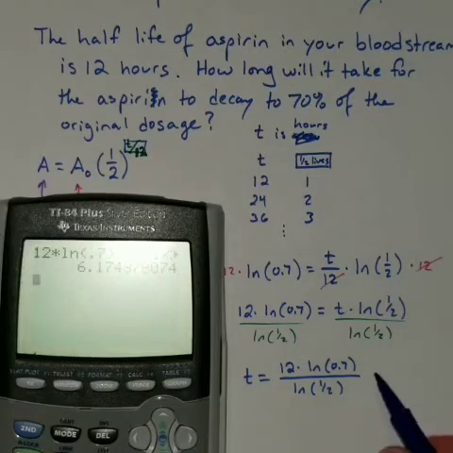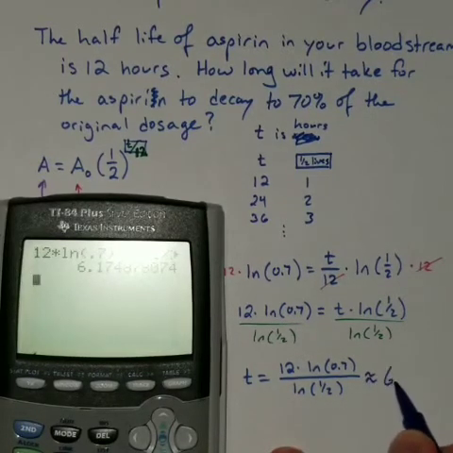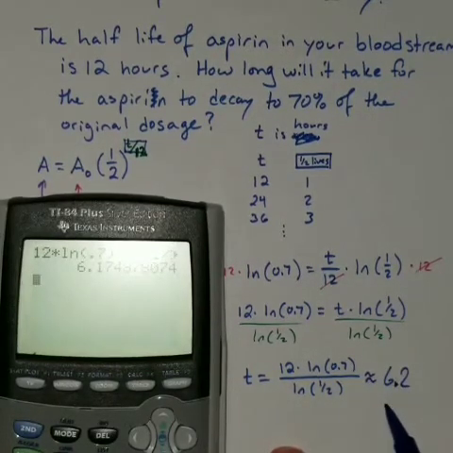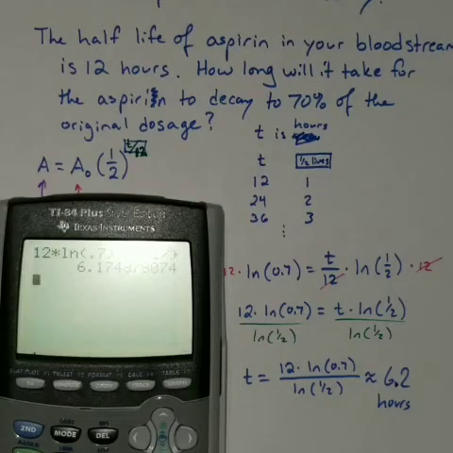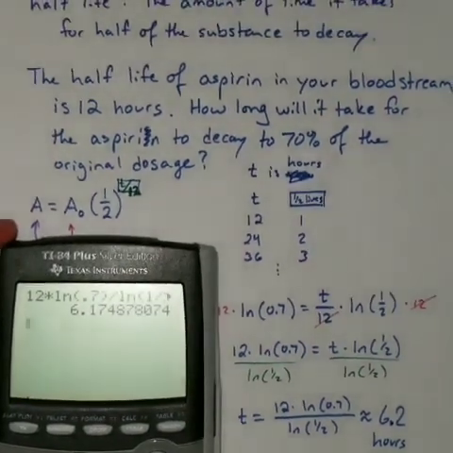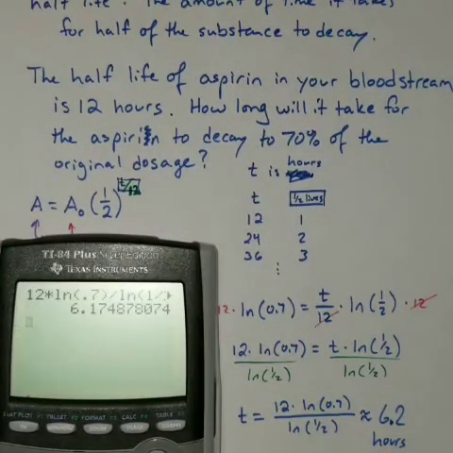And that is approximately 6.2 hours. Okay. So in approximately 6.2 hours, there's a nasty glare there, isn't there? In approximately 6.2 hours, the aspirin will decay to 70% of the original dosage.